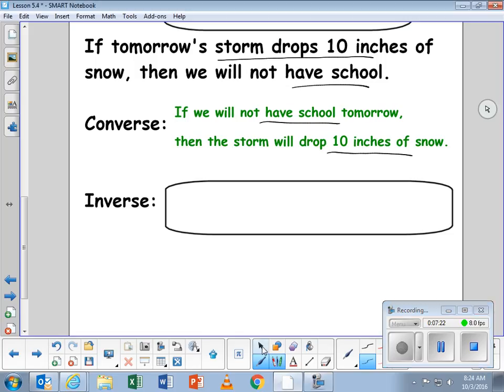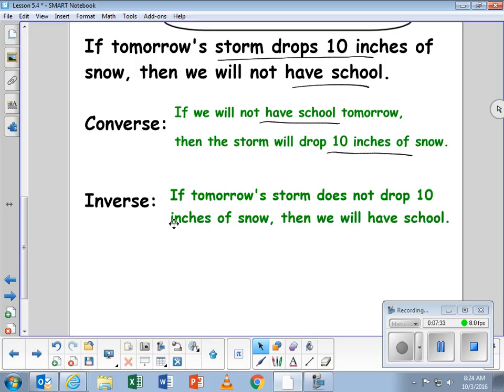Okay, we said if the storm doesn't drop 10 inches, we will have school. If the storm doesn't drop 10 inches of snow, then we will have school? Yeah. Very good. If tomorrow's storm does not drop 10 inches of snow, then we will have school.